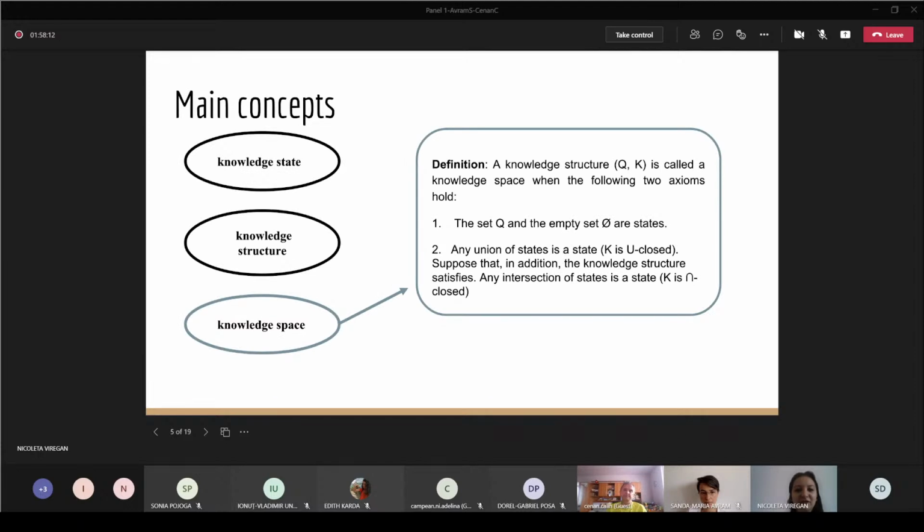Lastly, the knowledge space is a more restricted knowledge structure. A knowledge structure, in order to be considered a knowledge space, has to fulfill the statements mentioned in the slide. So it has to contain the whole problem set, to contain the empty set, and also to be union and intersection closed.